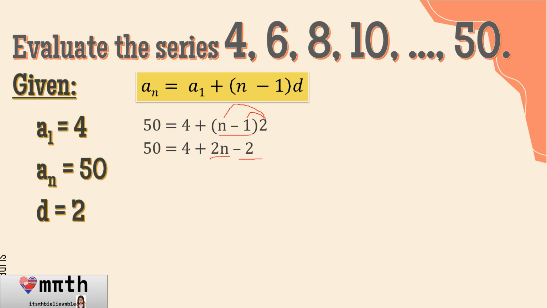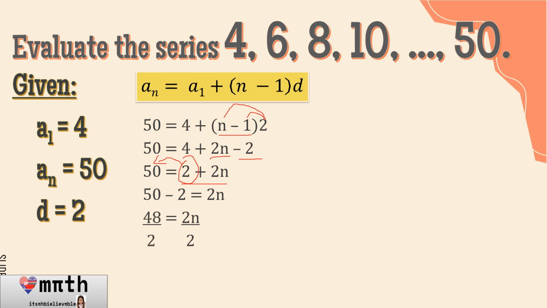So, that is why we have 2n minus 2. Then, from here, we can simplify 4 minus 2, which is 2, plus 2n. Since we cannot simplify 2 plus 2n, we're going to transpose the value of 2 to the other side in order for us to isolate 2n. Since this is positive 2, transposing to the other side, that will be 50 minus 2 equal to 2n. 50 minus 2 is 48 equal to 2n.